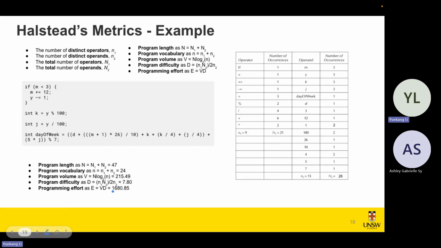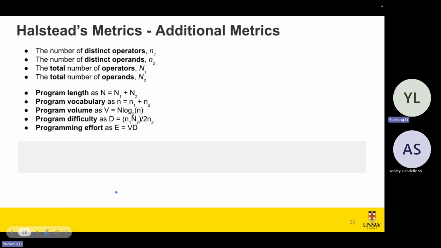And programming effort is calculated like this. Based on these basic metrics, Halstead defines some additional metrics for complexity, which I think doesn't make too much sense today, especially when we have AI like large language models.